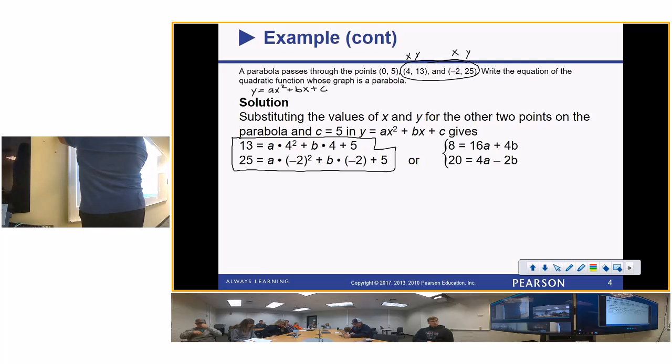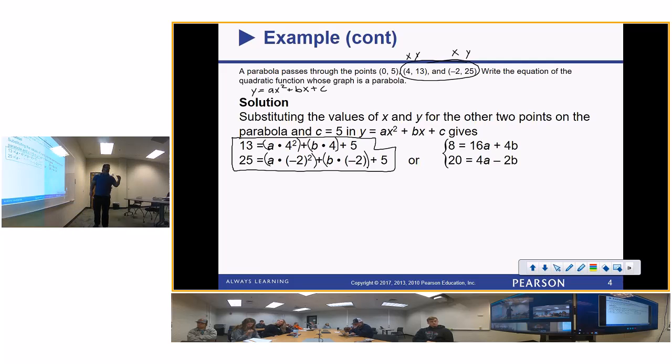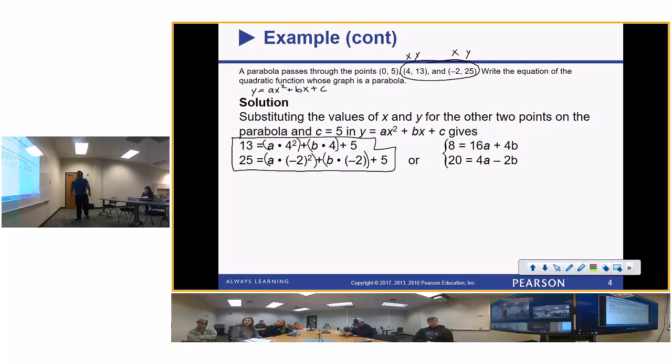Ax squared plus bx plus c. And now you've got solving systems of equations. Now I want everybody, from what you've learned in Unit 1, solve those two for A and B.